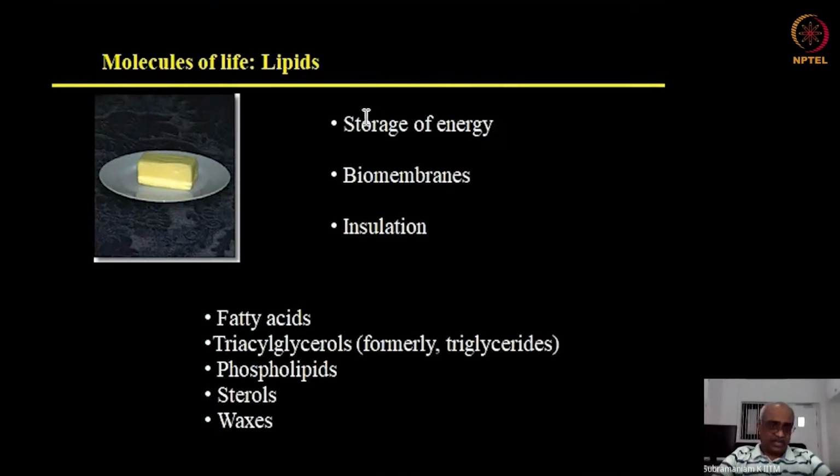And these are actually the most compact storage of energy. Carbohydrates, we learned, also store energy, right? We learned that carbohydrates, like for example starch, and glycogen in our animal liver, store energy. So in addition to carbohydrates, lipids also store energy.